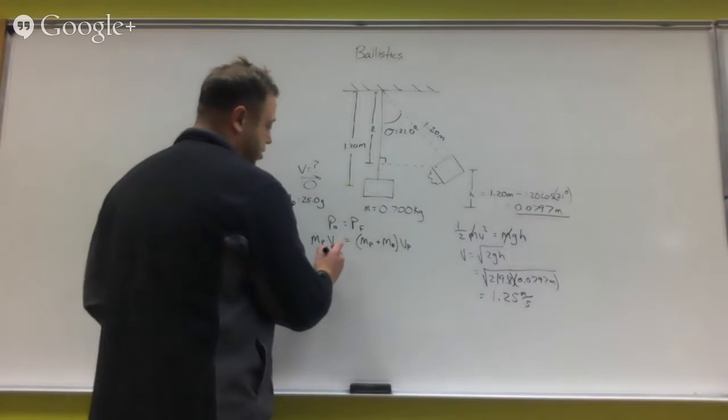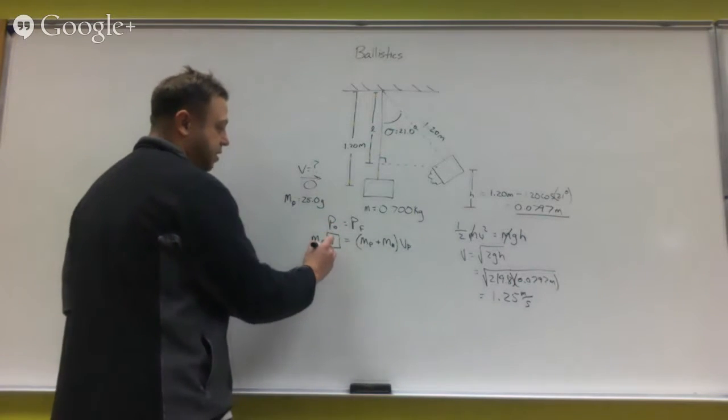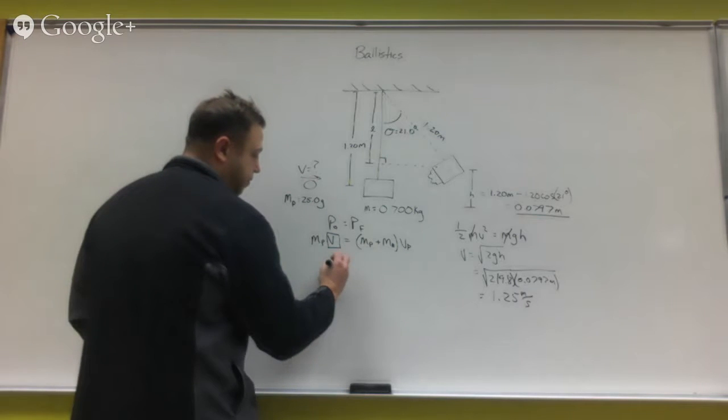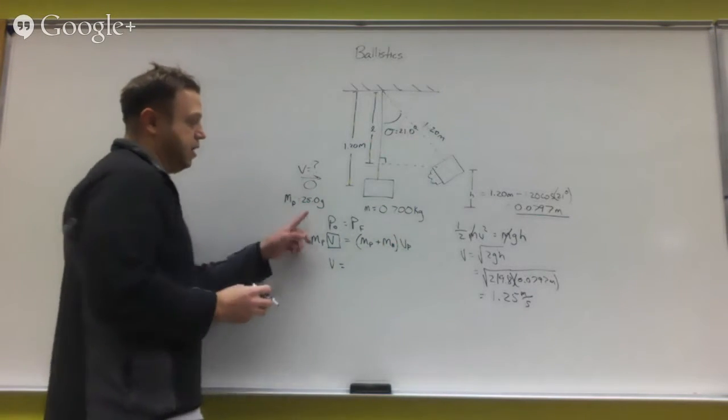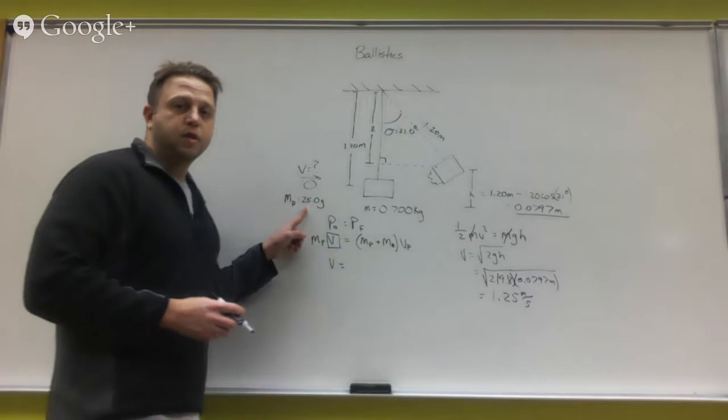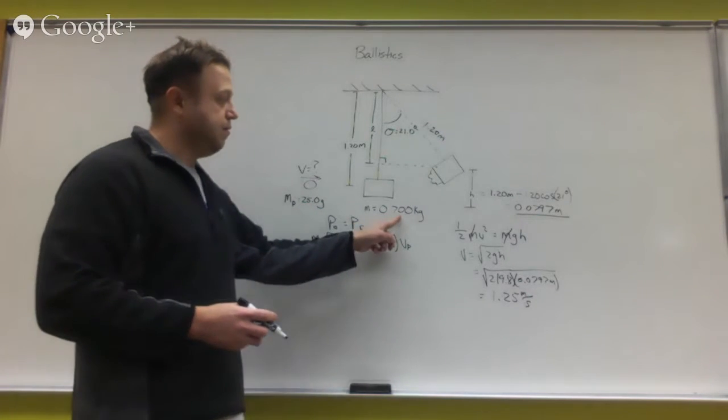So we are solving for the velocity of the putty. So v equals, if we combine these two masses together, and be careful, this one's in grams. We have 25 grams and 0.7 kilograms.